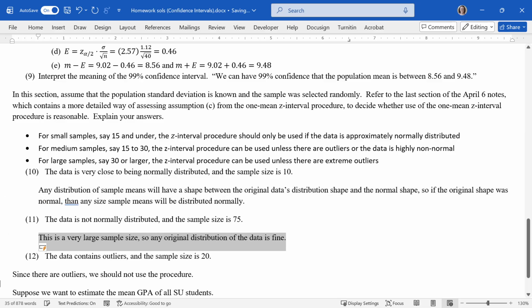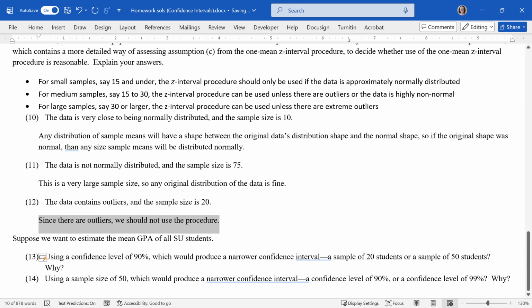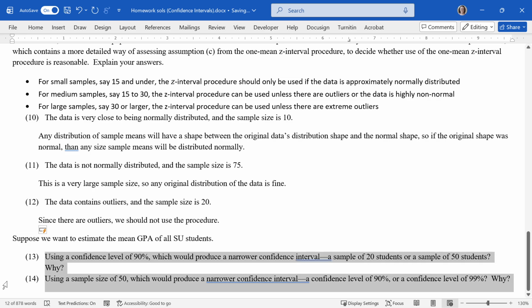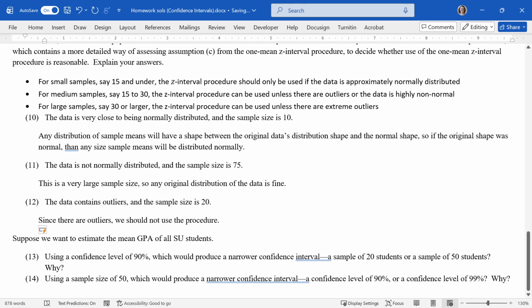Now let's do the last part. Suppose we want to estimate the mean GPA of all SU students. This is what we did in one of our Excel experiments. Using a confidence level of 90%, which would produce a narrower confidence interval, a sample of 20 students or a sample of 50 students?